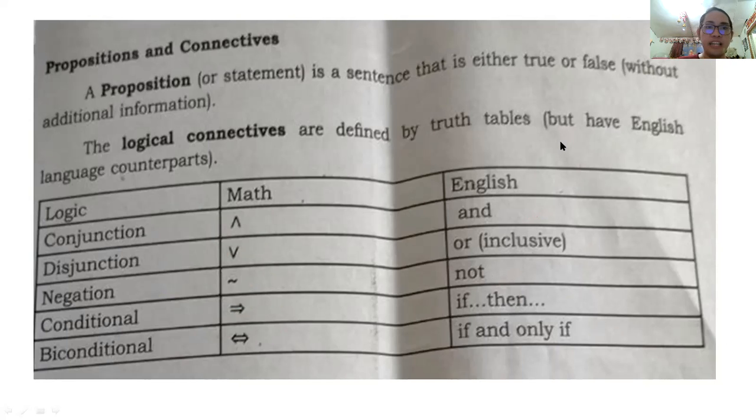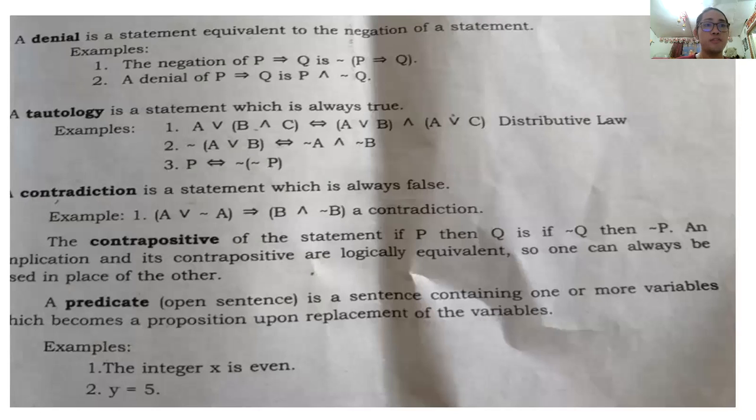So again, logical connectives are defined by truth tables. Soon we will talk about that one. Let's try to define this one. A denial is a statement equivalent to the negation of a statement.